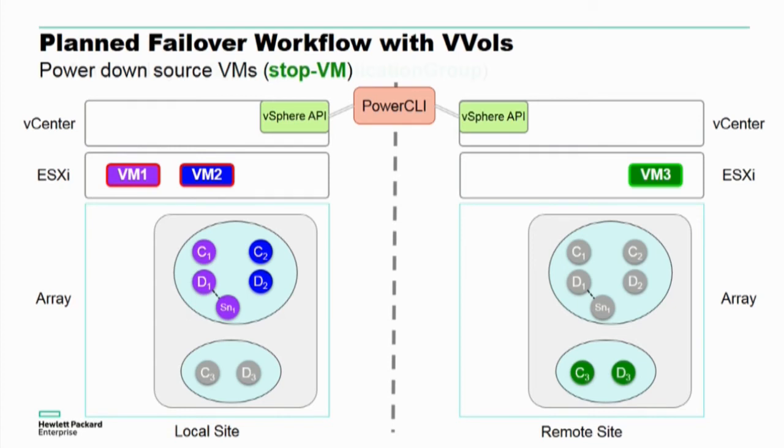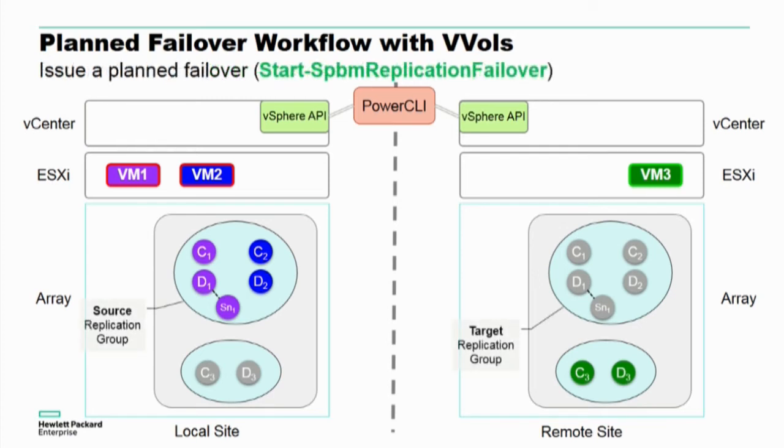Once we do that, this is a planned failover, so we're going to stop the VMs. Notice the swap volumes disappear with VVols. We'll do one final sync just to make sure we have the most recent data. And now we're going to do the failover: Start-SPVMReplicationFailover. You issue it on the target group, the ones with the gray volumes.